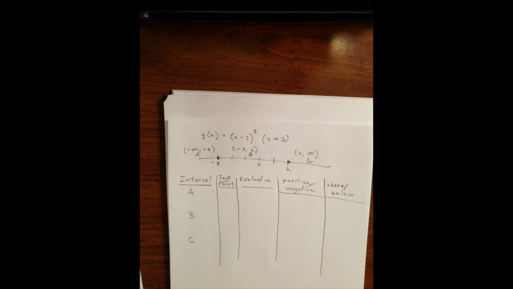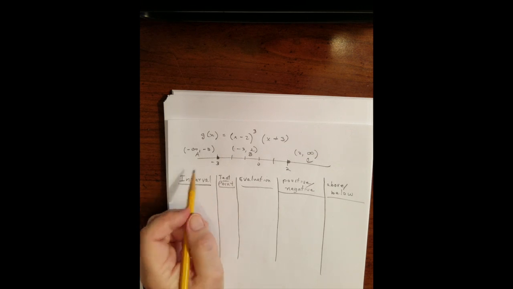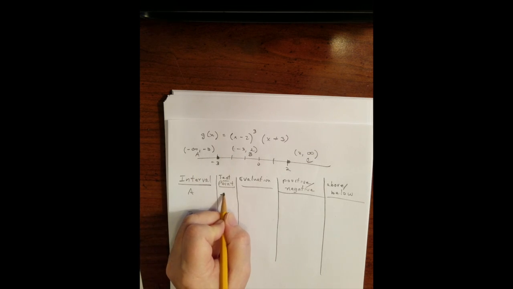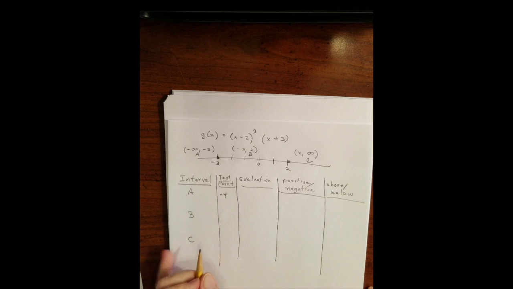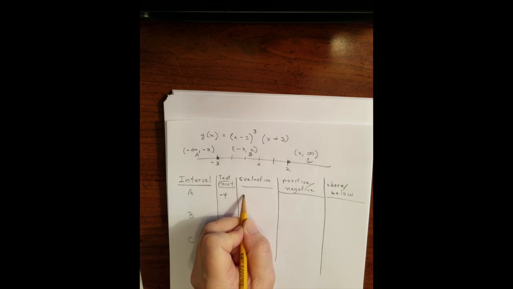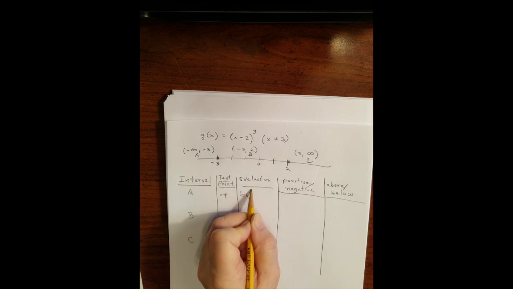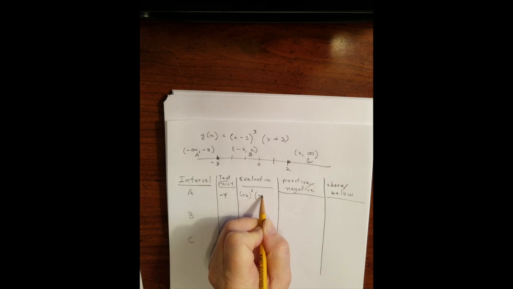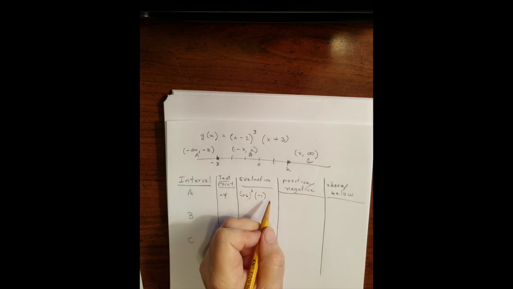Okay. So in interval A then, let's pick -4. And if we plug that in, we'll have -6 cubed times -1.